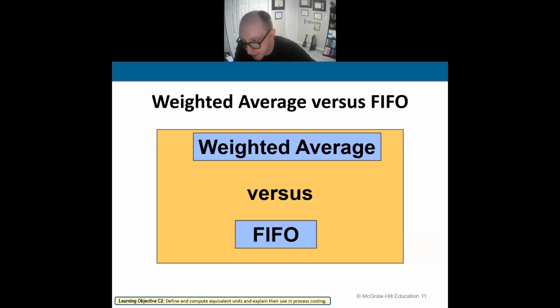So there's 4 methods to find the cost of inventory, right? We talked about that in Principles of Accounting 1. And when it comes to calculating the equivalent units of production, we look at two methods: weighted average and first in, first out.